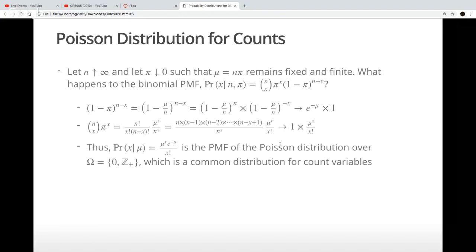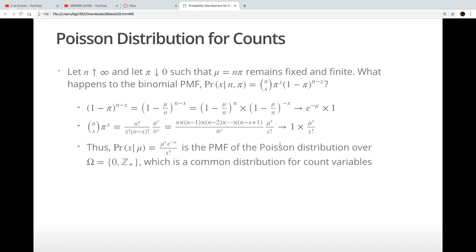And if we combine those, we get the probability mass function for the so-called Poisson distribution: mu raised to the power x times e raised to the power negative mu, divided by x factorial. That is the probability mass function for the Poisson distribution.